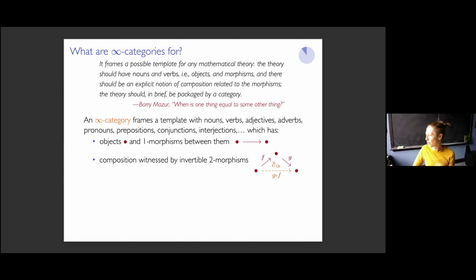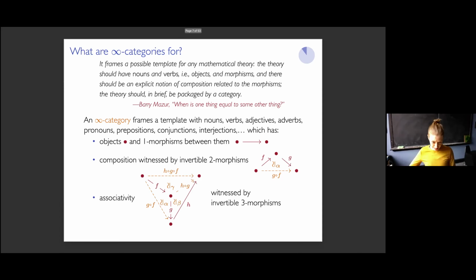And we understand a particular composite as being witnessed by an invertible two-dimensional morphism. So that the two-dimensional morphisms sort of detect that some arrow can be recognized as a composite of some other arrows. I'll give an illustration of this on the next slide.